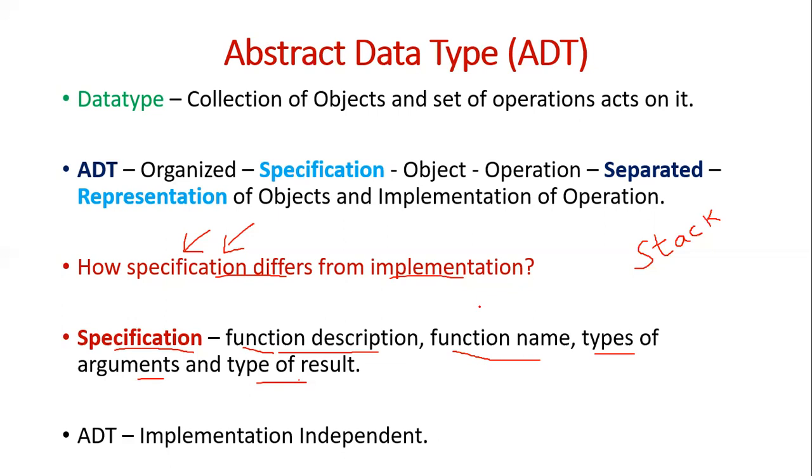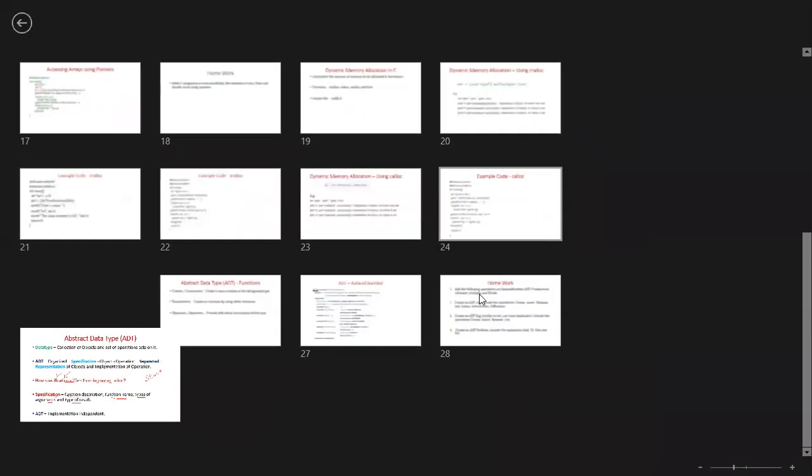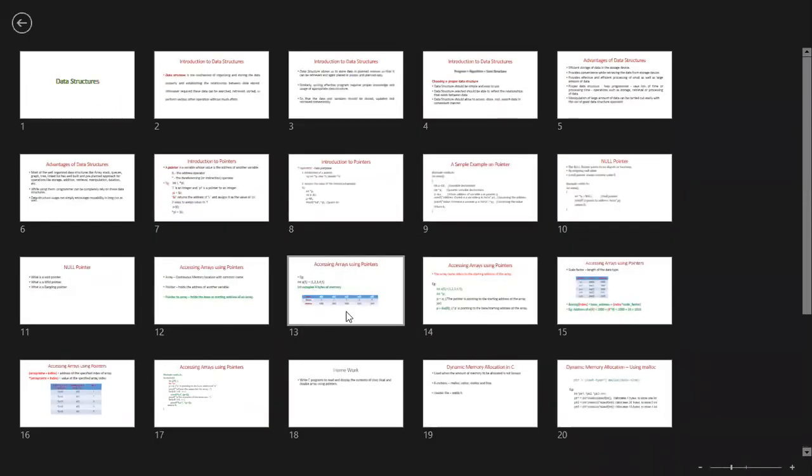Whatever data you push into the stack last will be the one that comes out first, and whatever data you pushed first into the stack will be the one that comes out last. So this is the function description for the stack data structure.